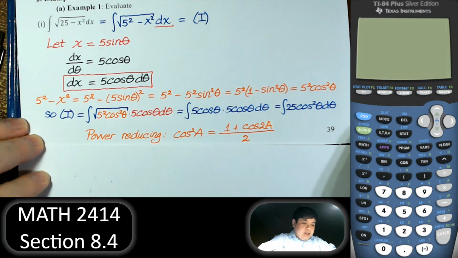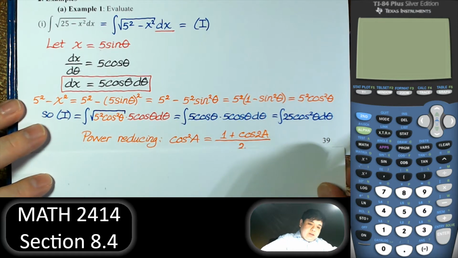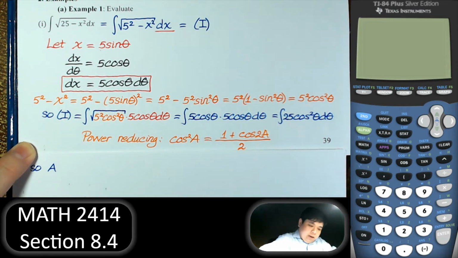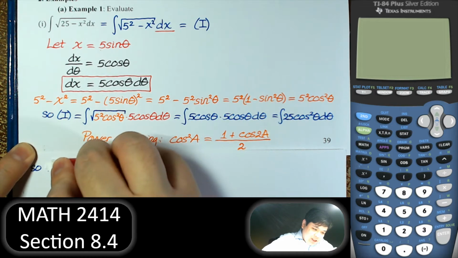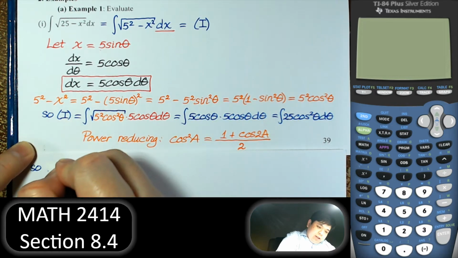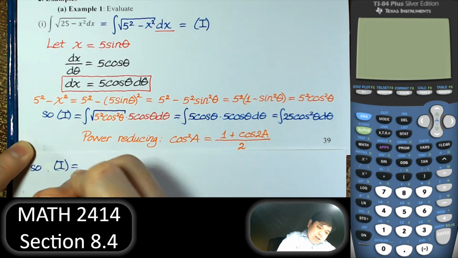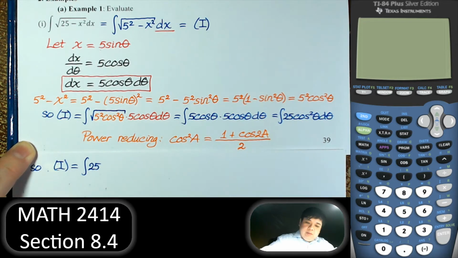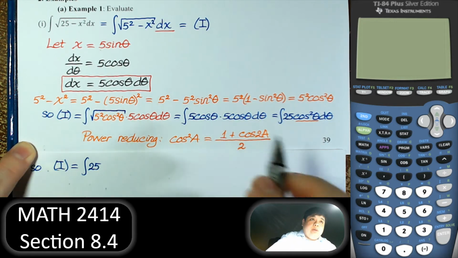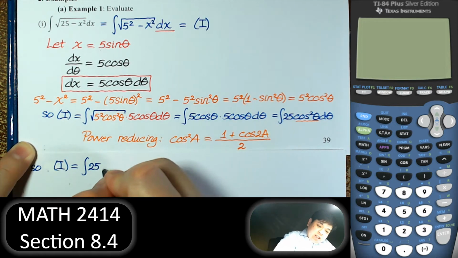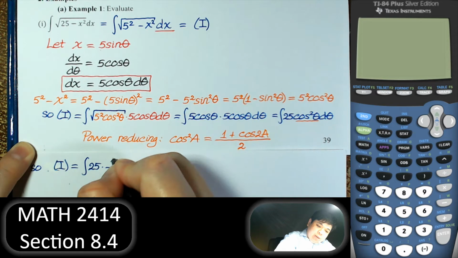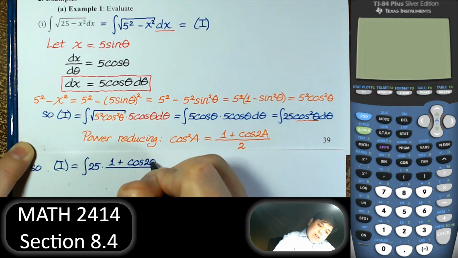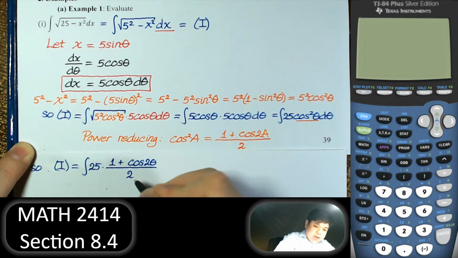Right. So with that, the integral is equal to 25, and the cosine squared here, using the power reducing identity, we have 1 plus cosine of 2 theta divided by 2 d theta.